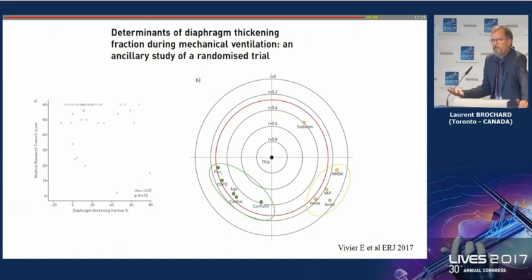So it's obvious intuitively, but the more we give sedation to our patients, the less they will work. And a positive correlation was the underlying presence of COPD or cardiac dysfunction or cor pulmonale. So cardiac or respiratory problems will make the patient work more, and maybe sometimes excessively. I think it's an interesting observation to try to interpret the thickening fraction at the bedside.